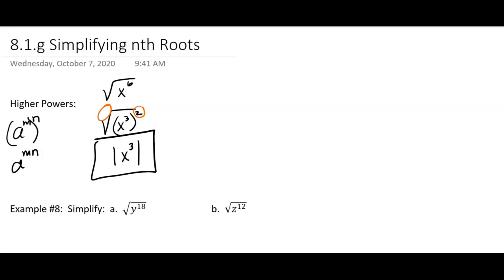Okay. Now we're going to think about, what if I had the square root of x to the 12th? So you're thinking, okay, well, I'm going to do what she did on the last problem, square root of x to the 6th squared, okay? And that's fine and good.